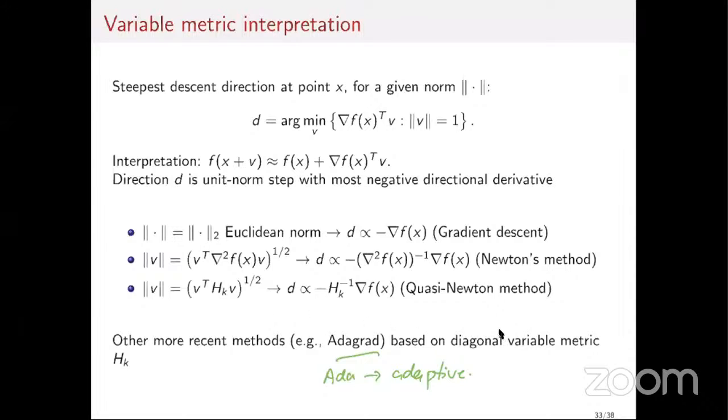It is based on a diagonal variable metric, choosing Hk to be a certain diagonal matrix that you construct along the algorithm. You can compare it to Quasi-Newton, but because Hk is diagonal, its inverse is very simple. It's just a rescaling of the gradient. So you still maintain a per-iteration complexity that is linear, but you gain some adaptivity and incorporate some of the curvature of f in your algorithm without incurring the n cubed cost at each iteration of Newton's method.